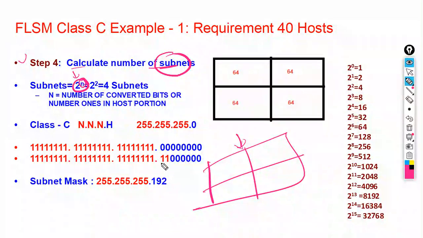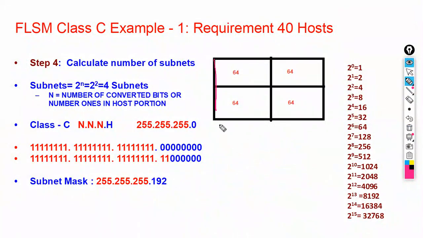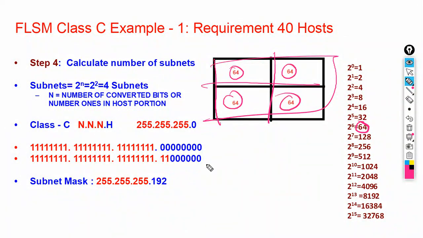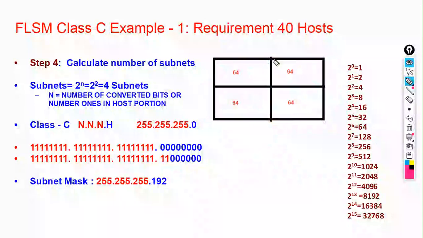The number of converted bits. How many bits have we converted, guys? 2 bits. So 2 power 2, and we will get 4 subnets, which means we will divide one network into 4 smaller networks, and in each subnet we will get 64 IP addresses. All right. After that, we need to write the range.